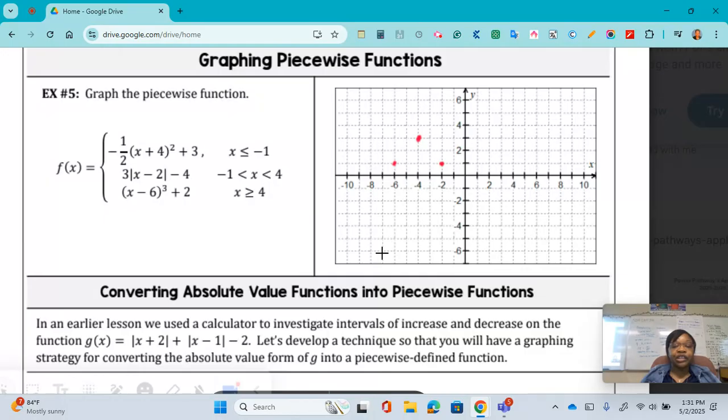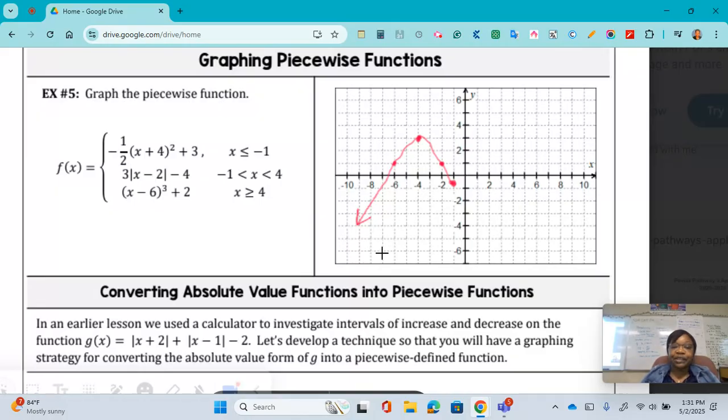Now that -1, is it going to have a closed circle or open circle? Based off of this inequality, it will be a closed circle. So we have a closed circle here, and it would be a parabola that is x values less than -1.